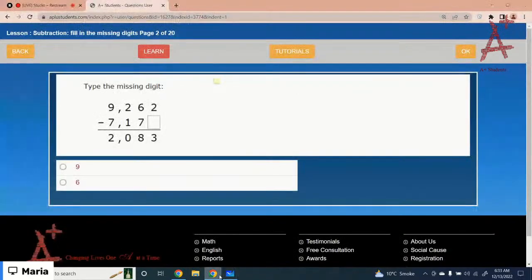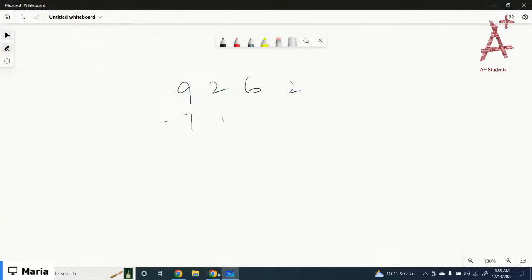They are very easy. 717 and the missing number, and it is 2083, and the options are 9 and 6. Got it? Yes, 9 and 6. Okay, 2 subtract the missing number equals 3. Got it?